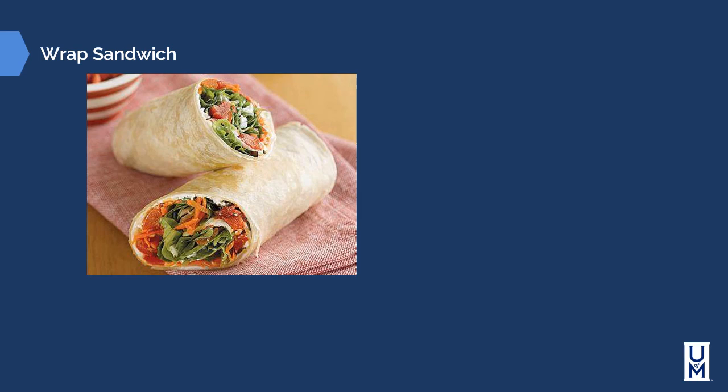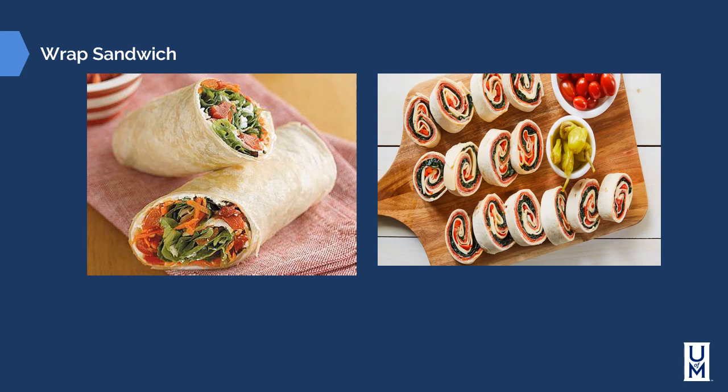There are two types of wrap rolls, pinwheel and burrito style. There is some debate in the culinary world whether a burrito is technically a sandwich. According to this, if it's a wrap, it is a sandwich.